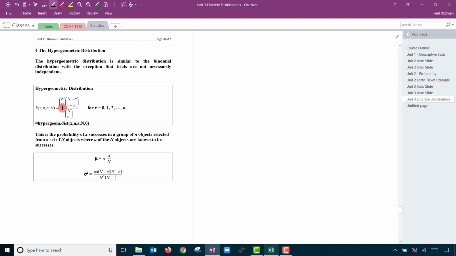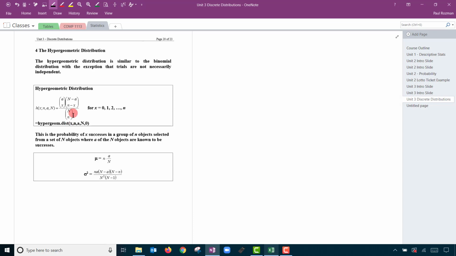The formula involves combinations. It's A choose X, N minus A choose N minus X, over capital N choose little n, where capital N is the number of cards in the whole deck, 52. A is the number of, say, red cards. Then X is how many cards you're going to pick that are red out of your subset of, say, size 5.